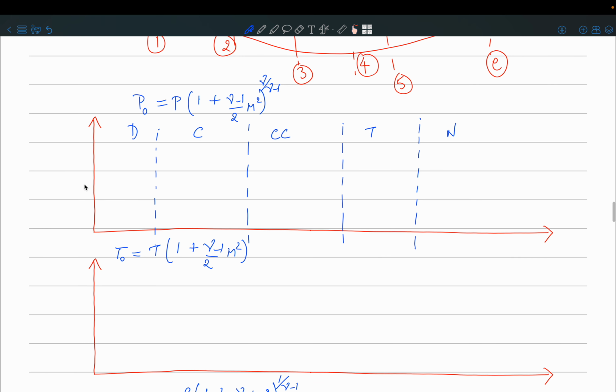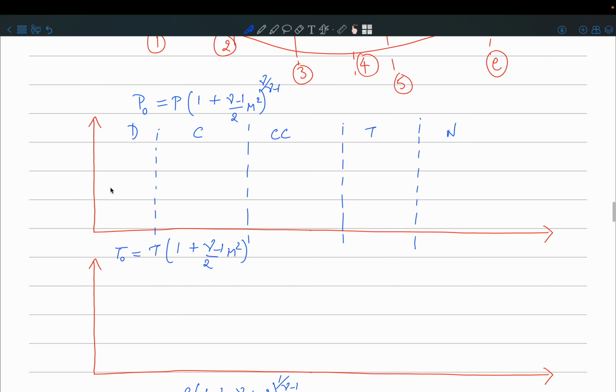So what is going to happen to the stagnation pressure in the diffuser? Yeah, I can't hear. Please speak up. No, the stagnation pressure. See, the flow is getting compressed, so the static pressure will increase, but the stagnation pressure will not change.